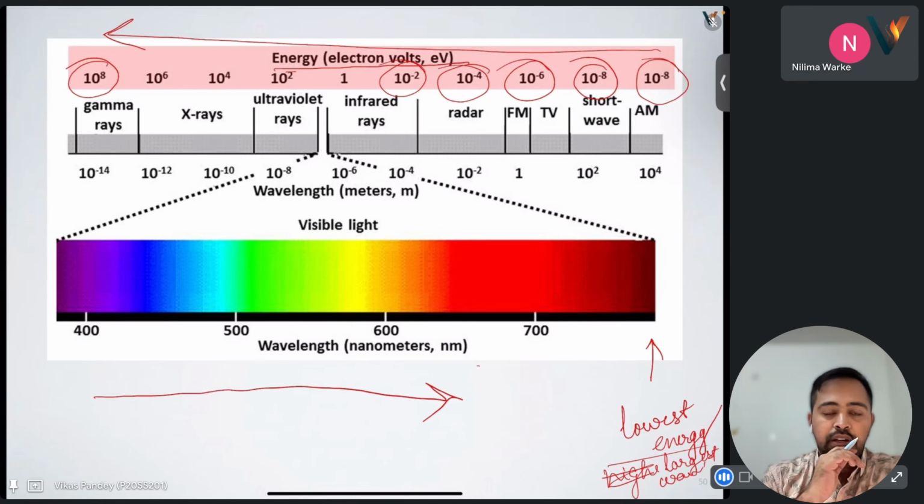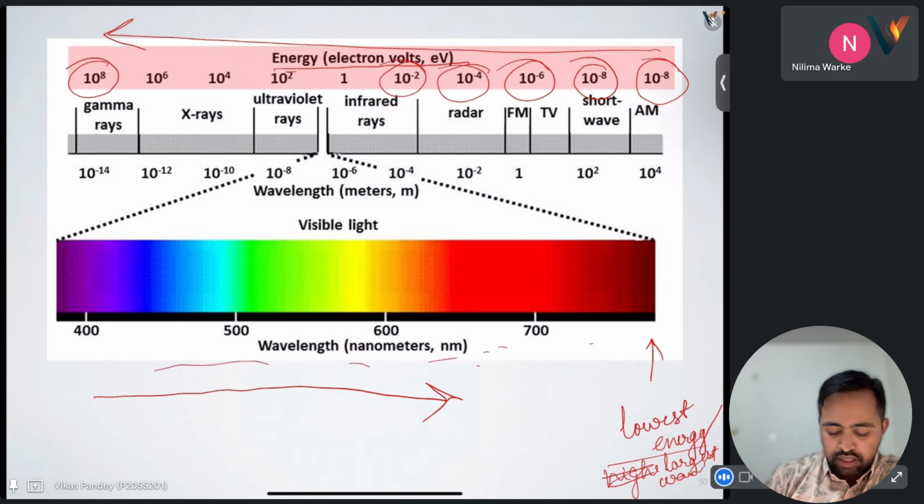If we see the visible light, as we go further in this side, the energy increases. So red will have the lowest energy. Violet will have the highest energy. Generally, we are not able to see violet light that clearly, so we generally talk about blue, right?